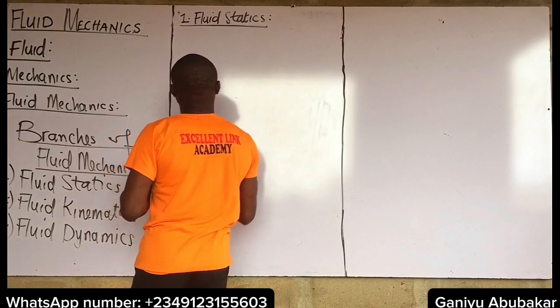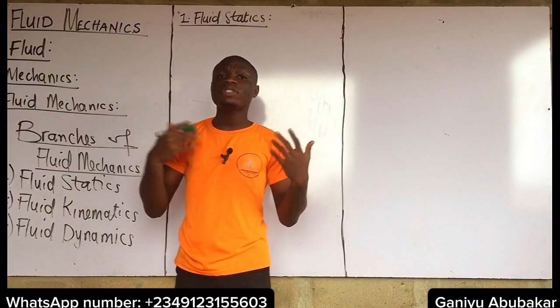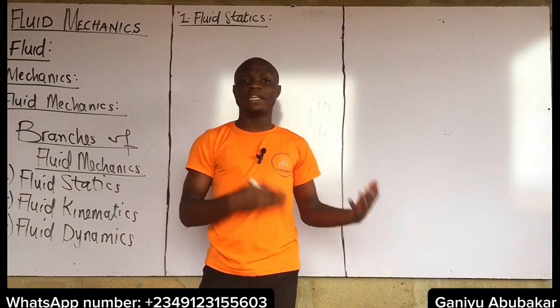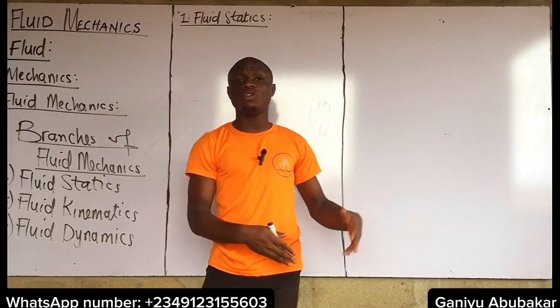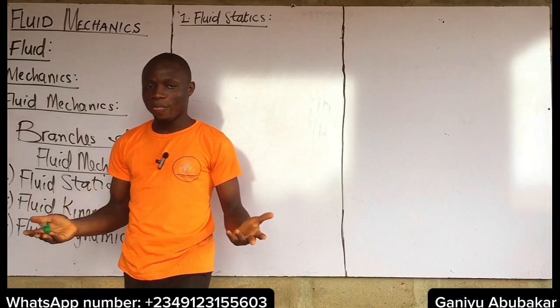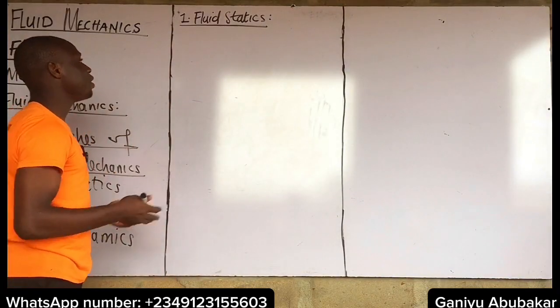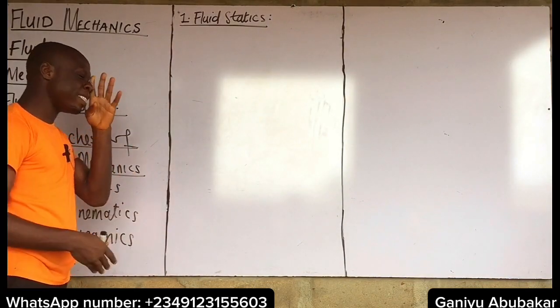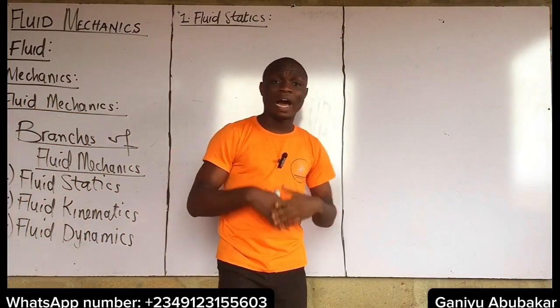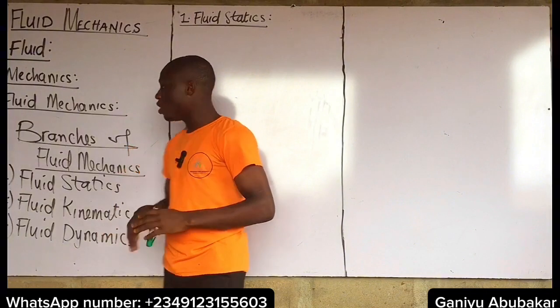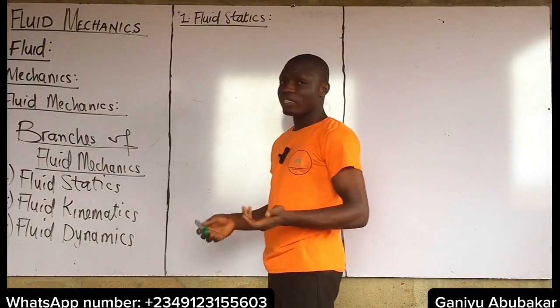Definition: fluid statics is a branch of fluid mechanics that studies the characteristics and properties of fluid at rest. That's all. So fluid statics is simply a branch of fluid mechanics that studies the characteristics and properties of fluid at rest. That's the definition for fluid statics.